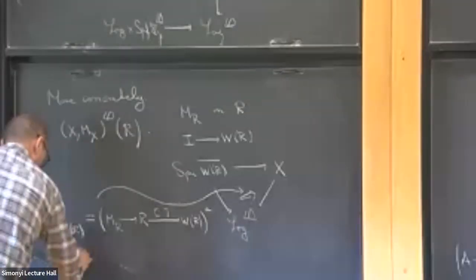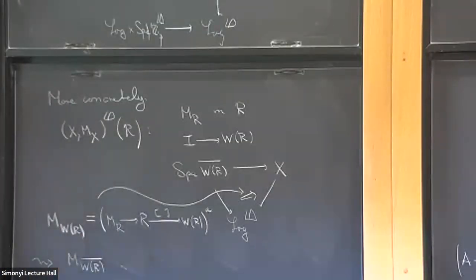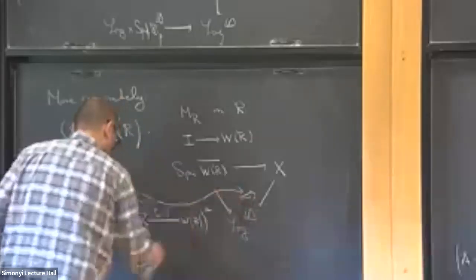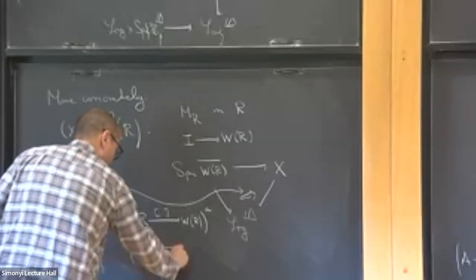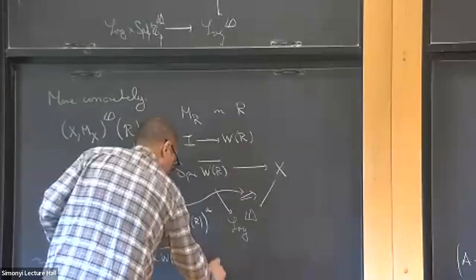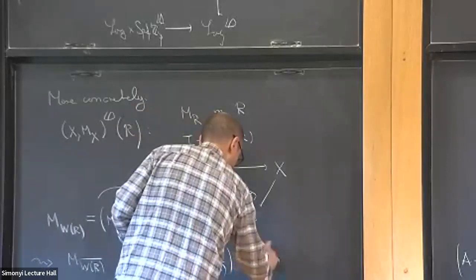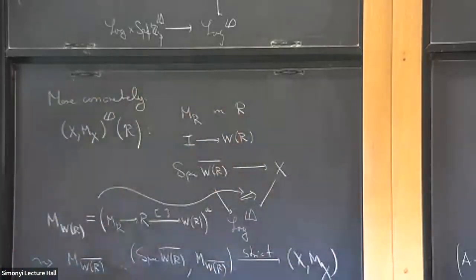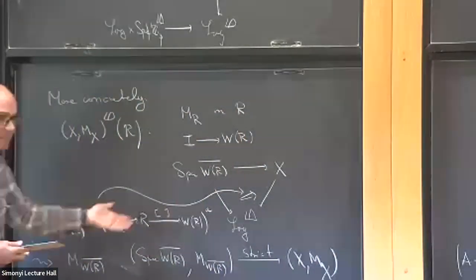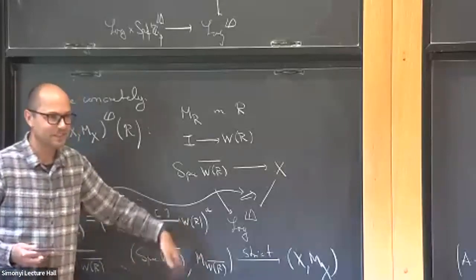Then you define the reduction, and this arrow here you can think of as a map. So that's the more concrete interpretation. It's still not so concrete because this is some derived thing and so on.